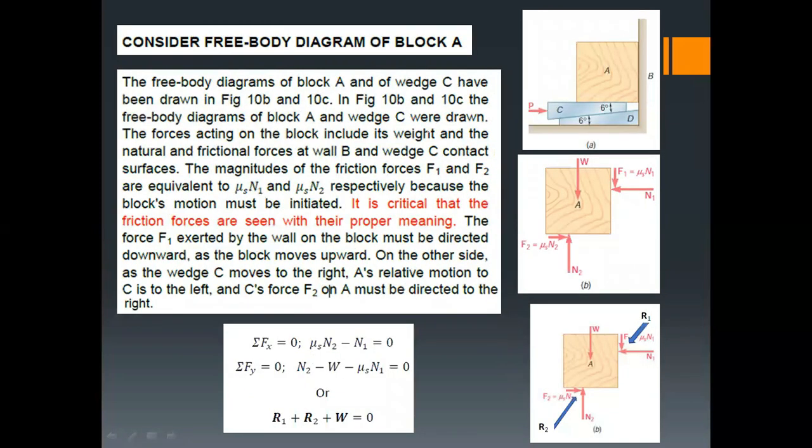Considering the free body diagram of our block, block A first, we can see the forces acting on it. First is the normal force from our wall, and then its weight. There is also friction, because if you lift it upward there will be a counteraction, which is your friction force acting on the side of your block.